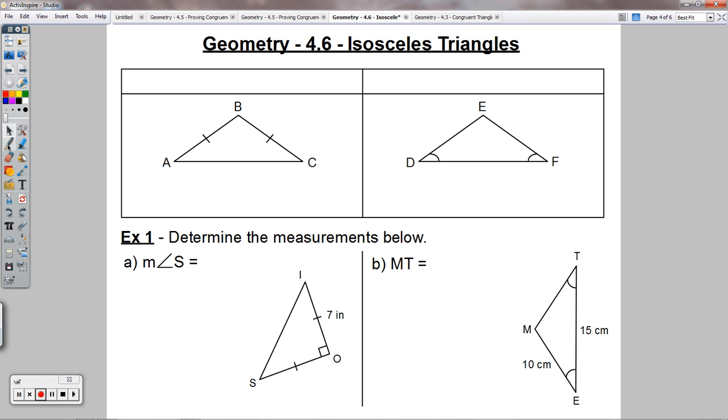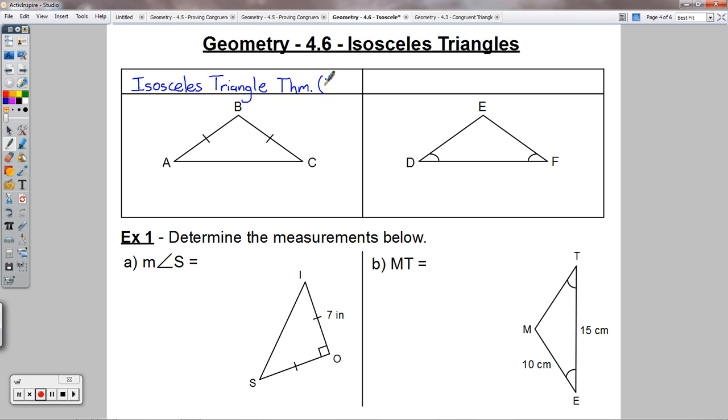So for this first one, this is the isosceles triangle theorem, one of the two big ones for this lesson. There's a follow-up lesson in between 4.5 and 4.6.